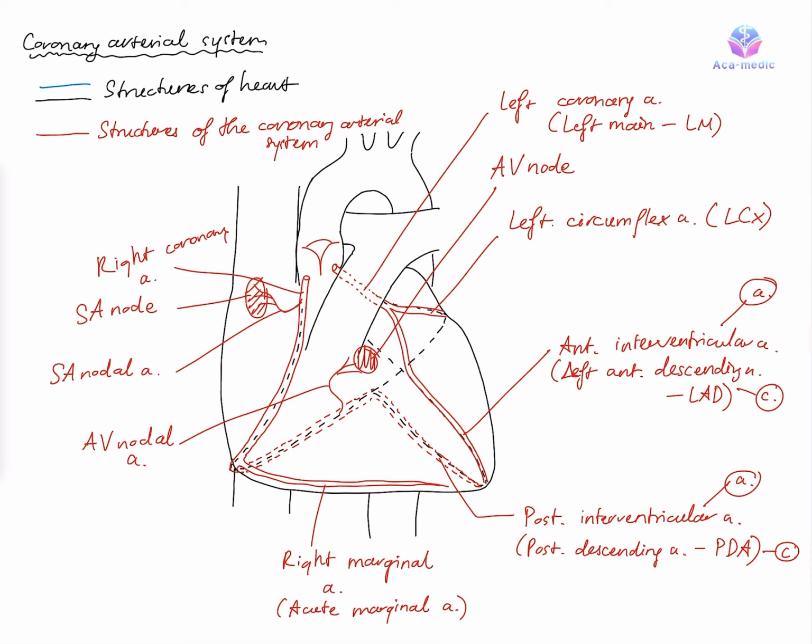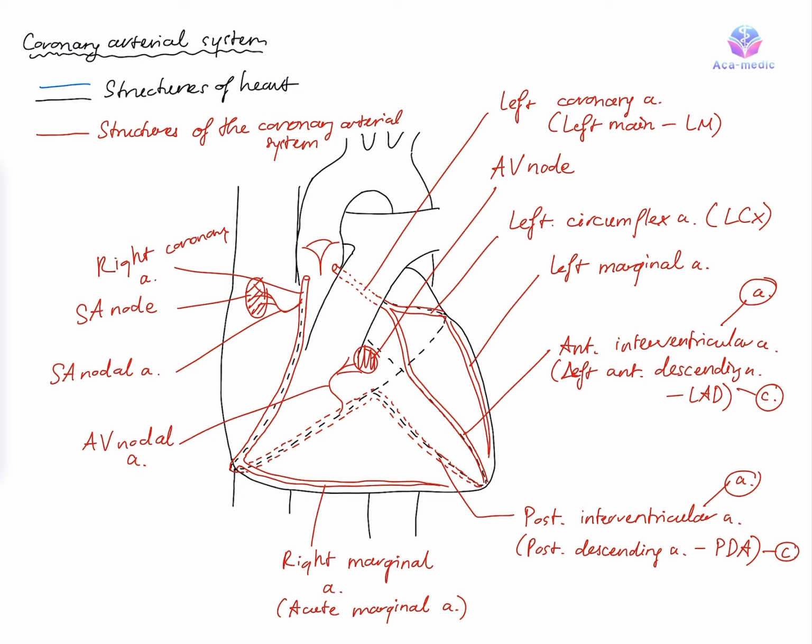This LCX branch gives off a branch right here that goes down following the left border of the heart. We call that the left marginal artery. Just like before with the right marginal artery, now we have the left marginal artery.